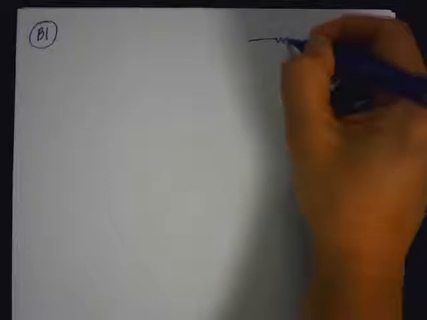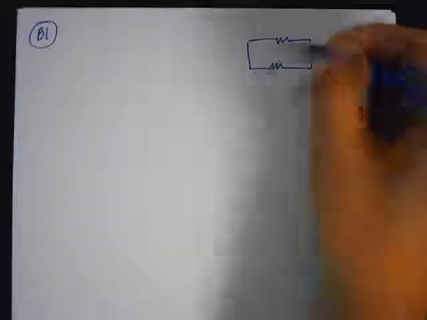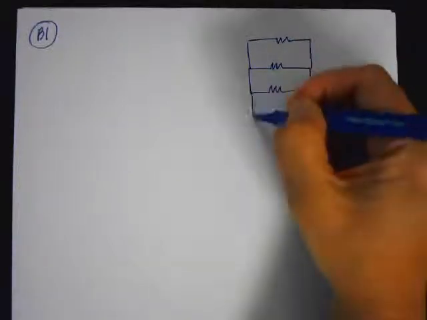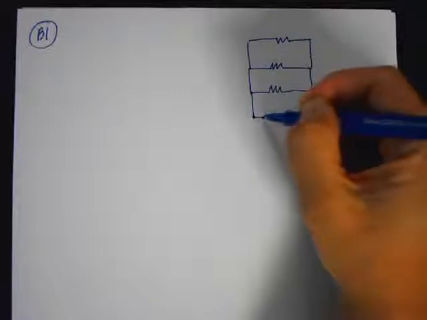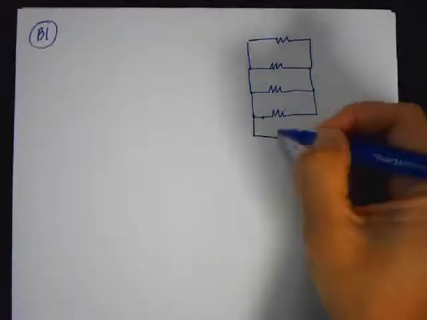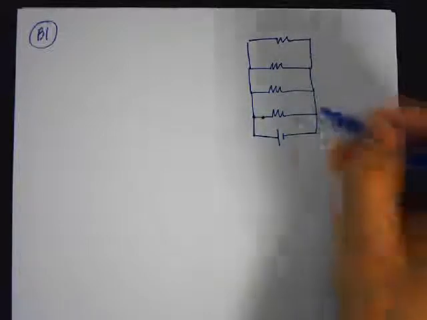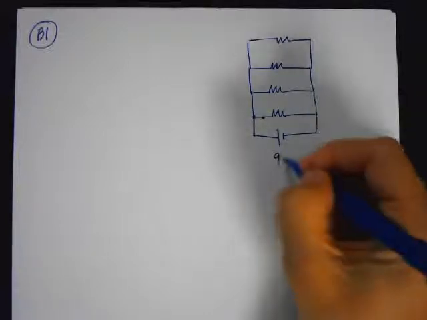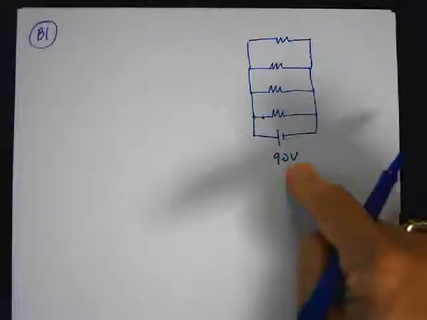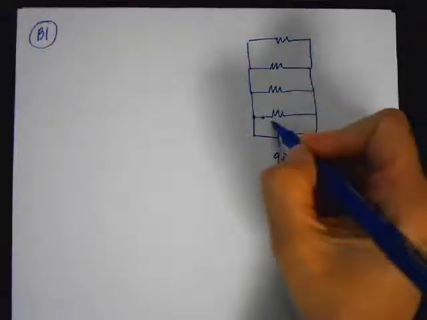Now, in the diagram that's on the sheet, they don't label the resistors. When we have a bunch of resistors, it can get complicated, so what you need to do is label them R1, R2, R3, R4, etc., so we don't get confused. So there's 9 volts coming out of the battery, and then our resistors, I'll just number them in order.